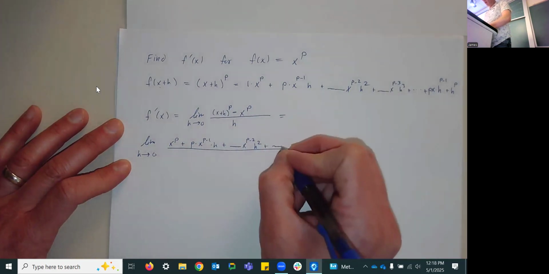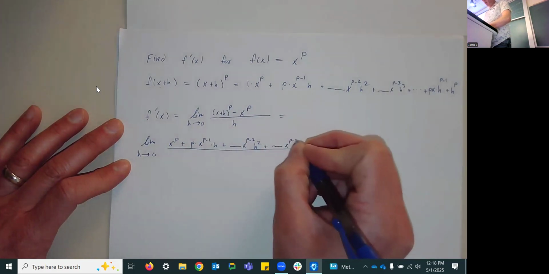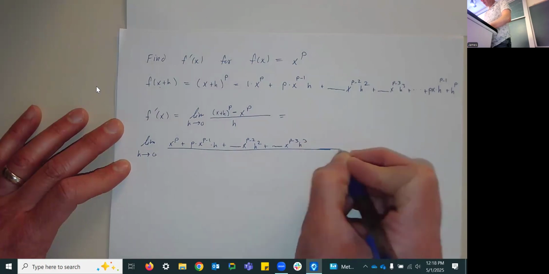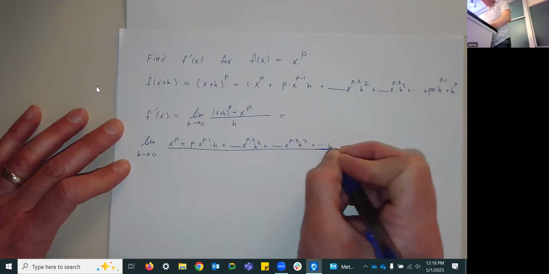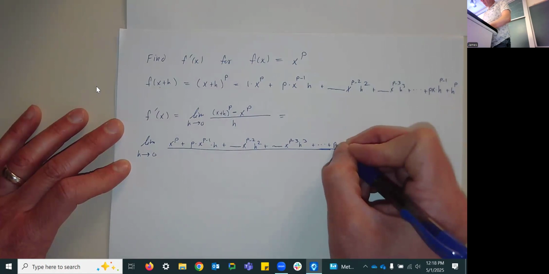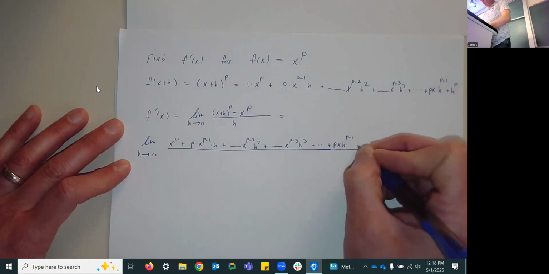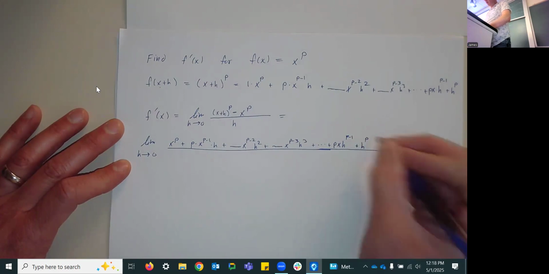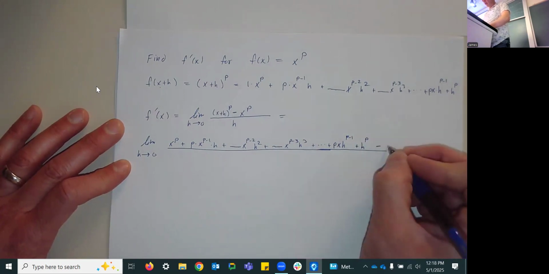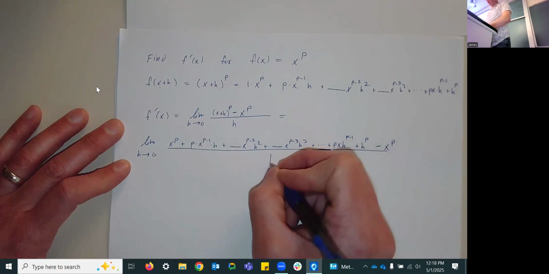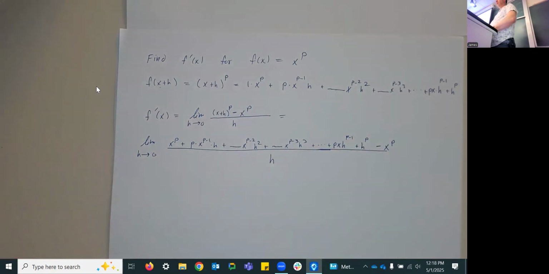Plus something times x to the p minus 3 times h cubed. Plus more terms all the way to the very last two terms. P times x times h to the p minus 1 plus h to the p minus x to the p, all divided by h. And the same thing that happened last time is going to happen here.